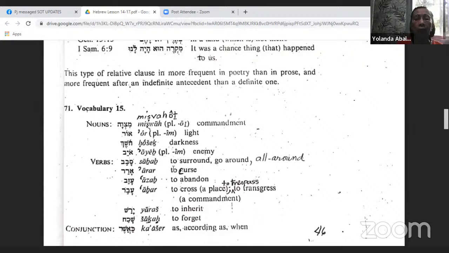He went around and all around. Arar, he cursed. Azab, he abandoned. Avar, he crossed over. Kita nyo? So dito, distinguish nyo alin ang ayin at alin ang olef. Yes, abar. Abar is to cross over.